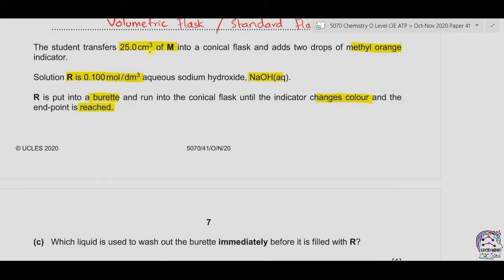Now here we can see that solution M is actually sulfuric acid, while solution R is 0.1 mole per decimeter cube sodium hydroxide.